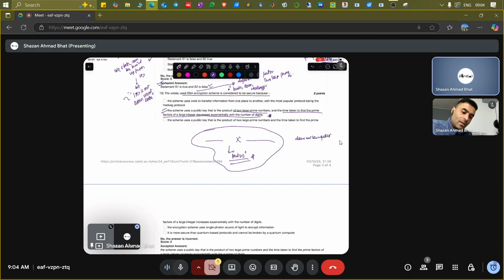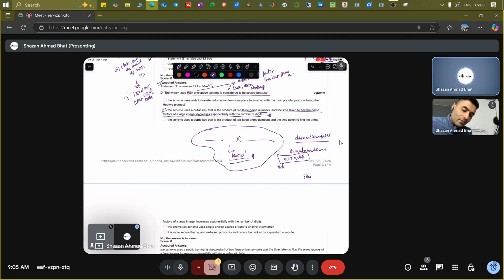But it turns out that if you have a quantum computer, and if you just have 1,000 qubits, then it's going to break this particular RSA encryption scheme. There's something called Shor's algorithm, and that only works if you have 1,000 error-free qubits, which is not available right now.